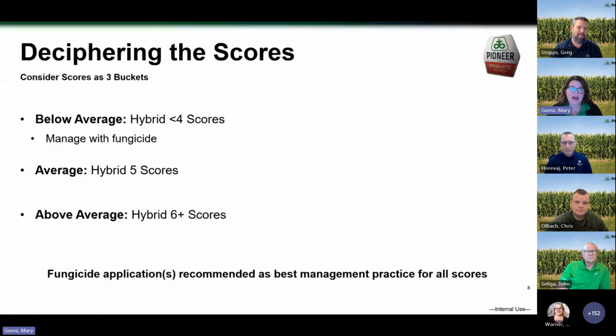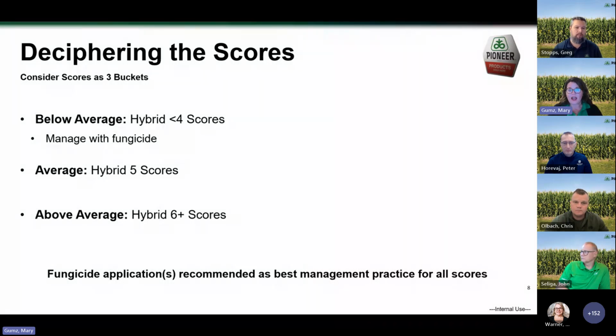And those are hybrids that when you put them out in a tar spot area, you need to have a plan to manage with fungicide. There might be agronomically something that you really like about that hybrid that you want to put in your area, but just be aware that tar spot's going to be a risk. Our average hybrids score 5. And then our above average is going to be 6+ scores.